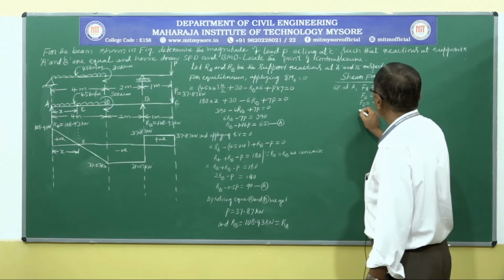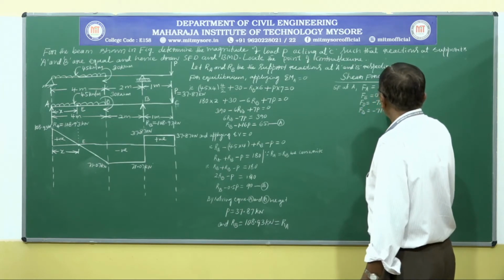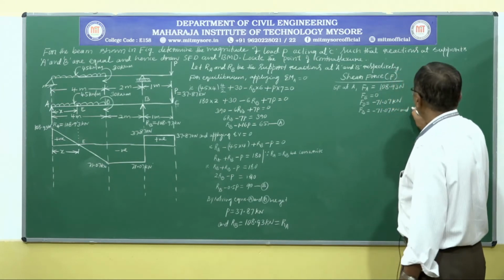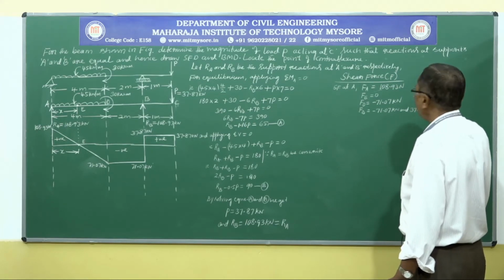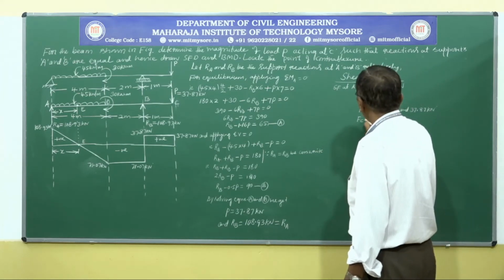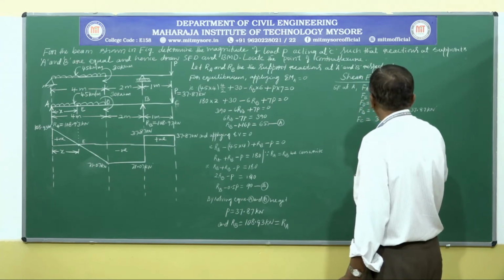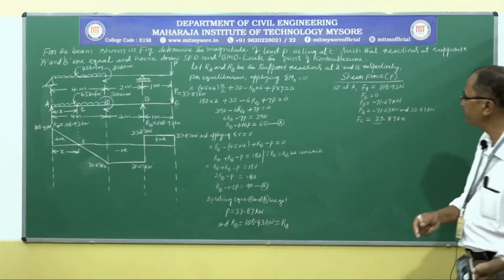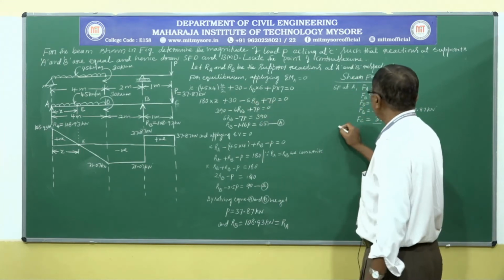Shear force at B, FB, is equal to minus 71.07 kilonewton, and plus 37.87 kilonewton, it is above the reference line. Lastly, shear force at C, FC, is equal to 37.87 kilonewton. That is about the shear force and shear force diagram. Now let us calculate the bending moments.